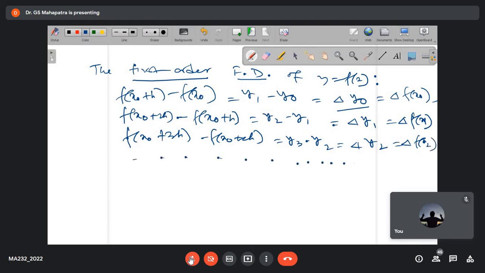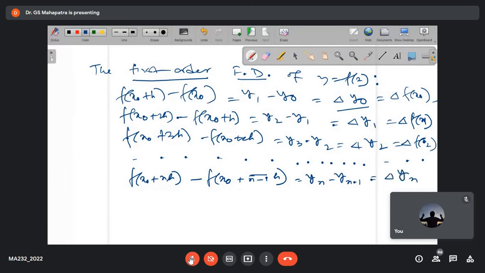The final one is f of x naught plus nh minus f of x naught plus the previous one. So yn minus yn minus 1, what is that notation? Del of yn minus 1. Yes, n minus 1, good.